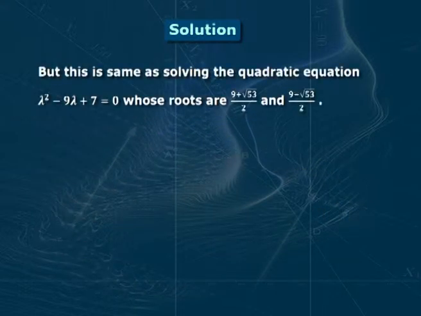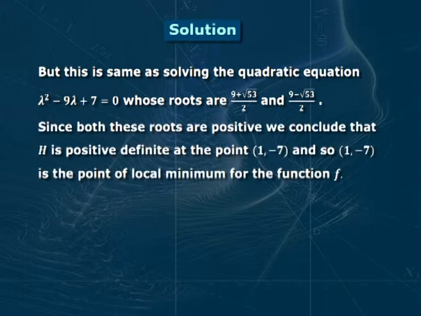But this is same as solving the quadratic equation lambda square minus 9 lambda plus 7 equal to 0, whose roots are (9 plus root 53) upon 2 and (9 minus root 53) upon 2. Since both these roots are positive, we conclude that H is positive definite at the point (1, -7), and so (1, -7) is the point of local minimum for the function f.